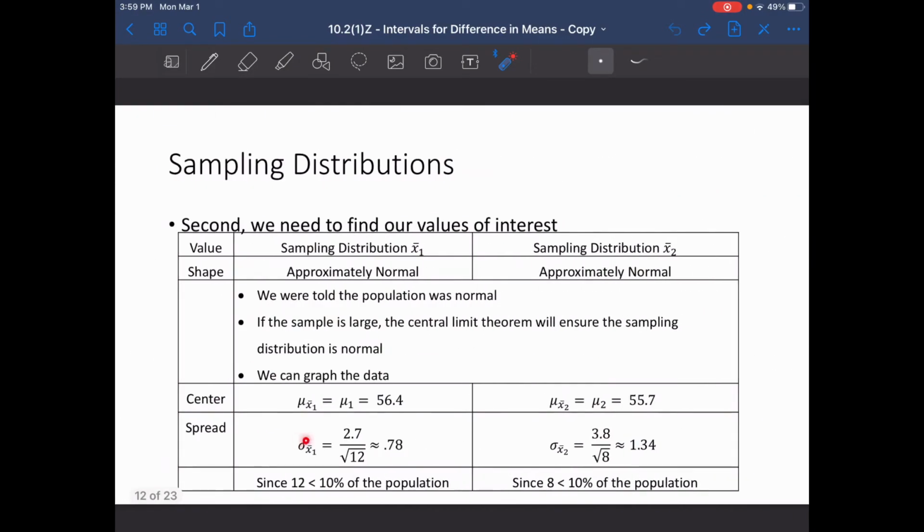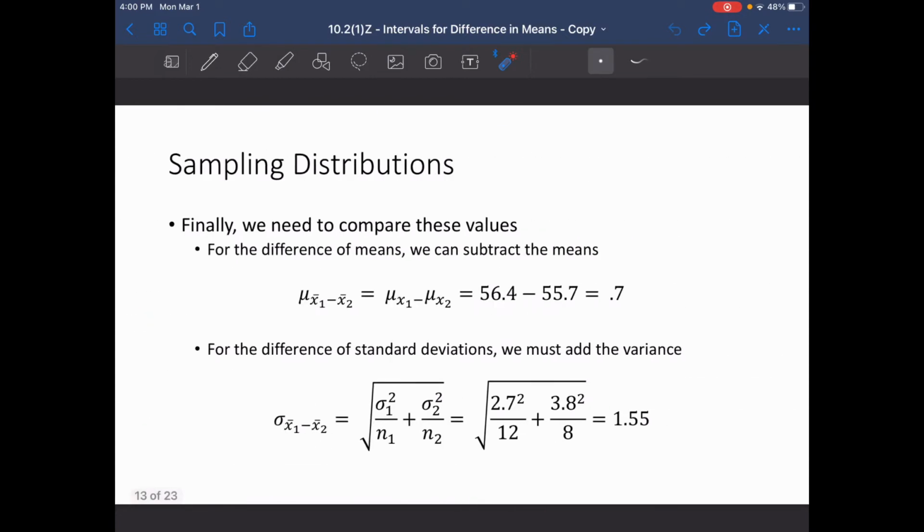We need to find the standard deviation that's representative of the entire population, so we need to find the standard error, essentially. That's going to be the standard deviation of the girls divided by the square root of the number of girls in the sample, as well as the standard deviation for the boys divided by the square root of the number of boys in the sample. And then we also need to understand that 12 is less than 10% of the population, and 8 is less than 10% of the population as well.